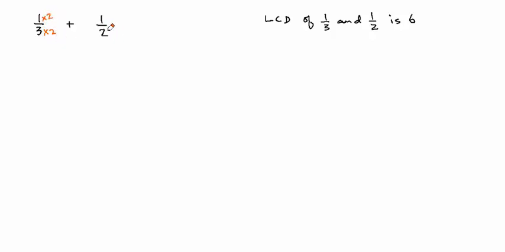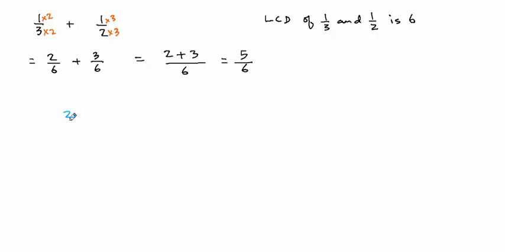And similarly, 2 times 3 is 6, so you multiply this by 3. And that changes 1/3 to 2 over 6 plus 1/2 to 3 over 6. And then the two fractions are on the same denominator, 6. You could do 2 plus 3 on the top and a 6 on the bottom, so this is 5/6.